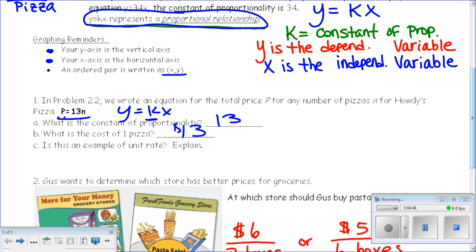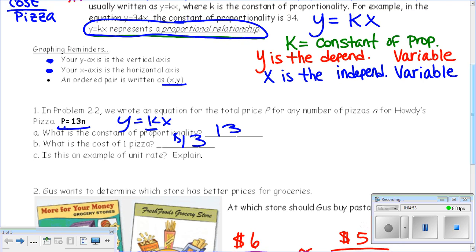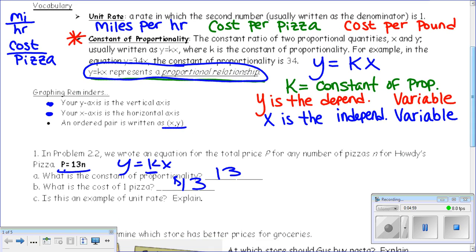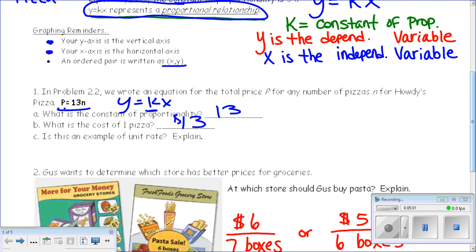Is there an example of unit rates? Now that we know what our unit rates are, we found some examples up here: miles per hour, cost per pizza, cost per pound. Now that we're working with our pizza from Howdy's, is there really a unit rate in this?